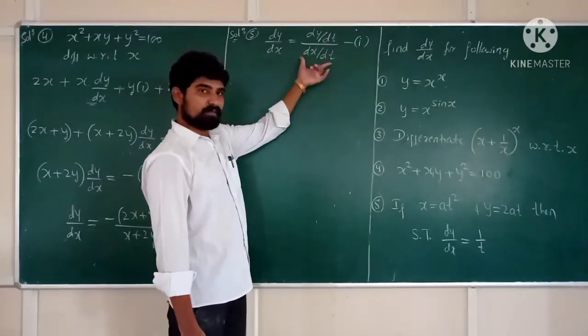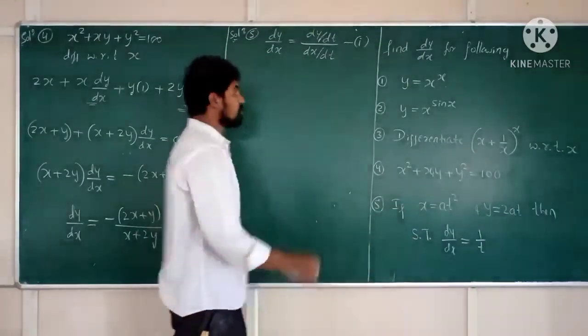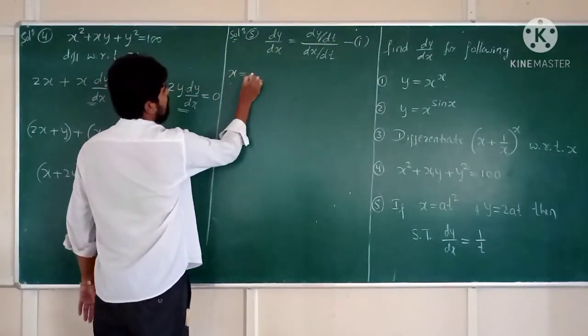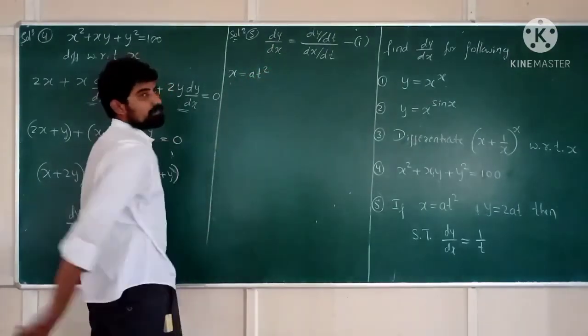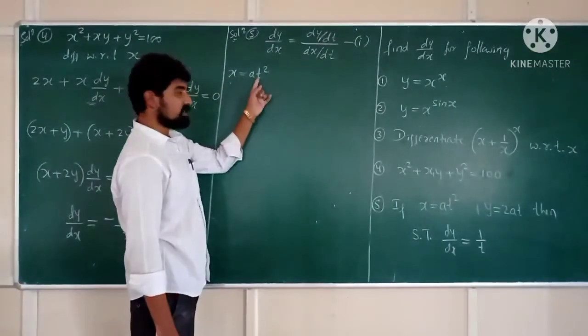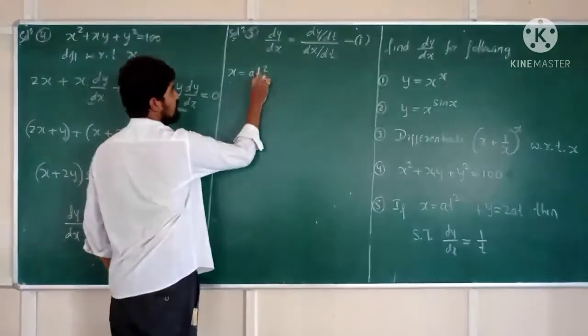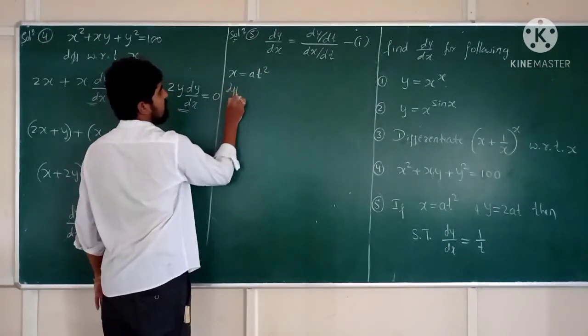To find dx by dt, it is given that x is equal to at square. So x is a function of t, therefore differentiate this with respect to t.